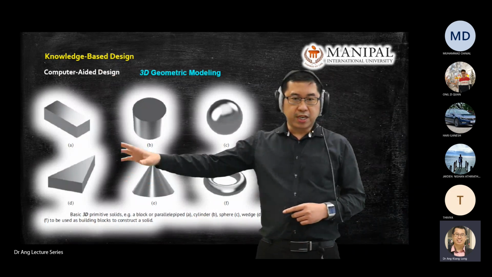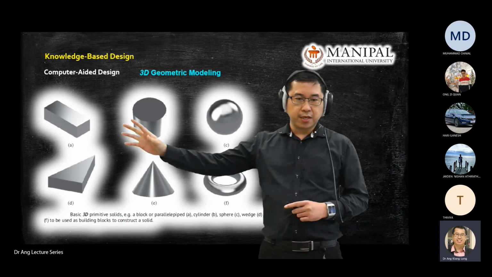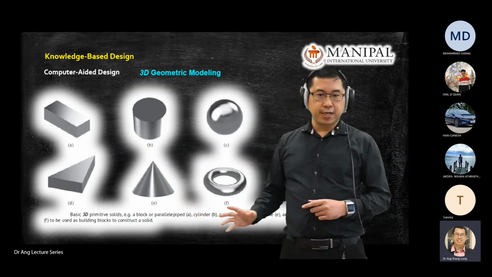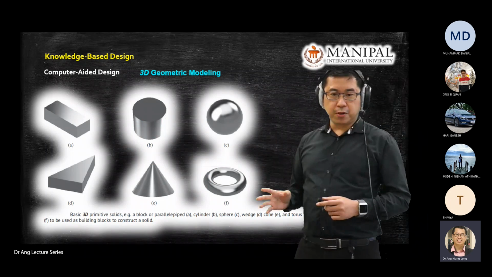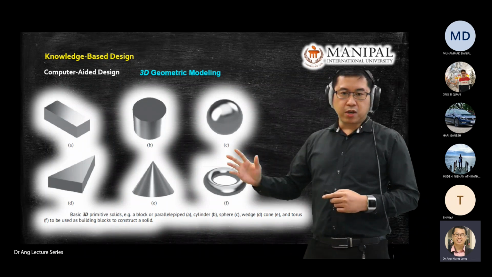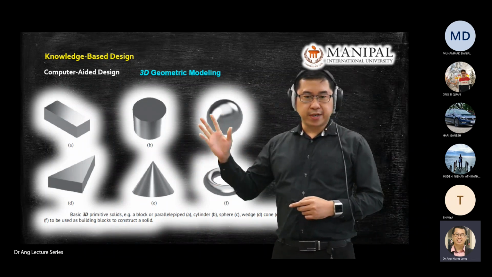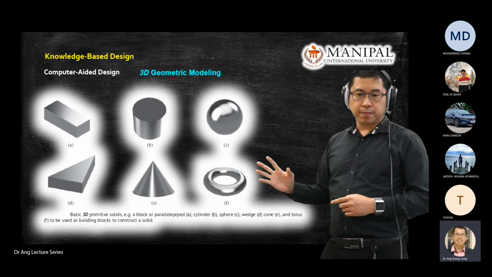Again, when you are generating the 3D model, there are lots of fundamental shapes that you can use to construct. Nowadays, all the 3D modeling software available in the market is very powerful. With one or two clicks, you're able to generate the shape of the model.